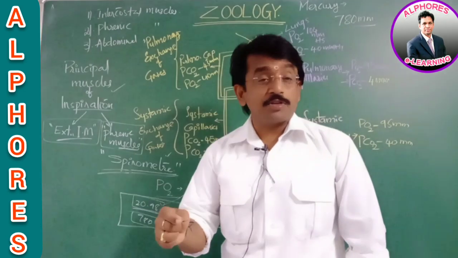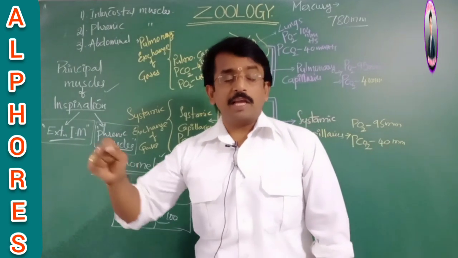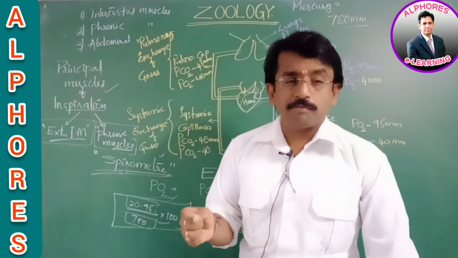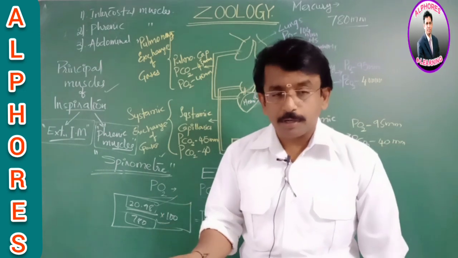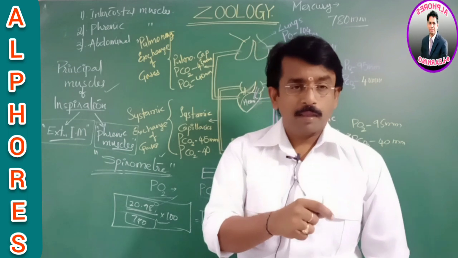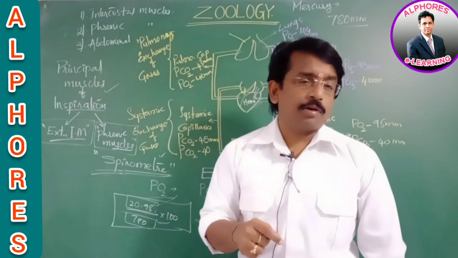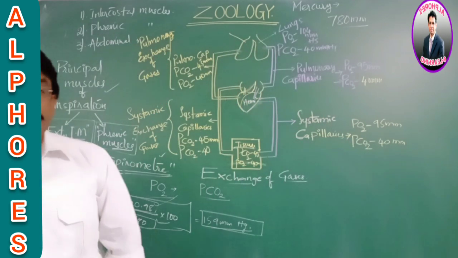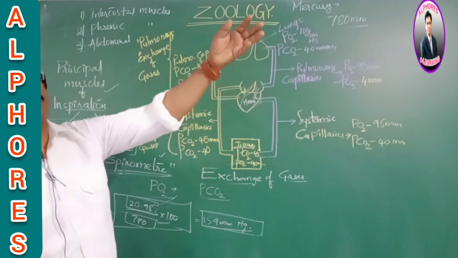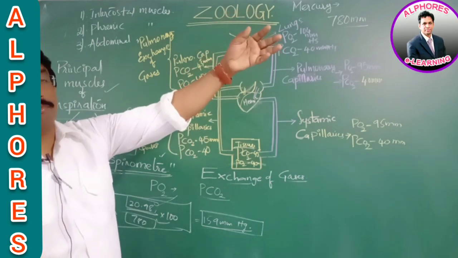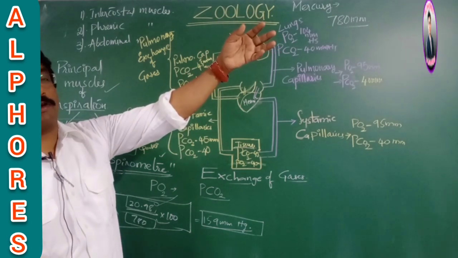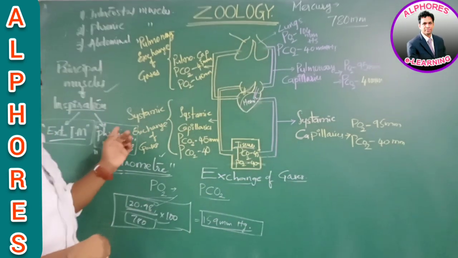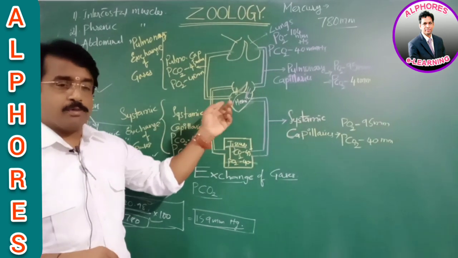In the systemic veins, which take the blood from the tissues, PCO2 is 45. Then in pulmonary capillaries 45, at the lungs it is 40 mmHg, whereas atmospheric is 0.3. So 46, 45, 45, 40 and 0.3. For oxygen, 159, 104, 95 and 40.